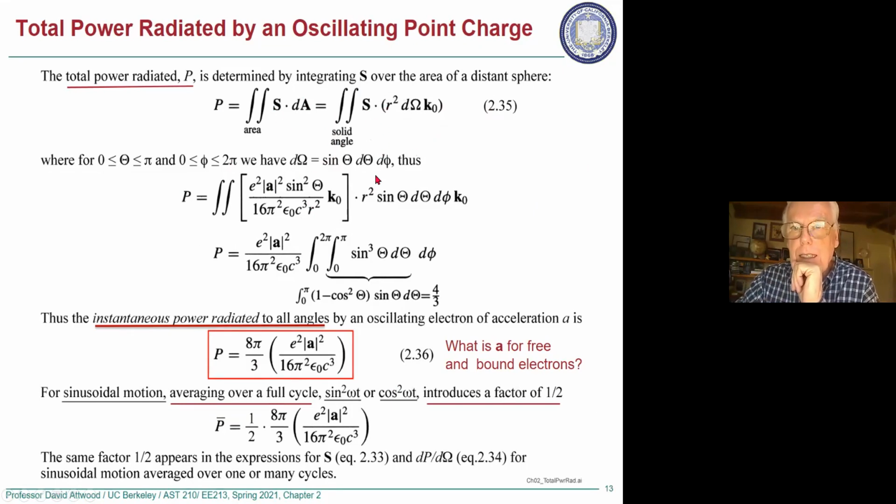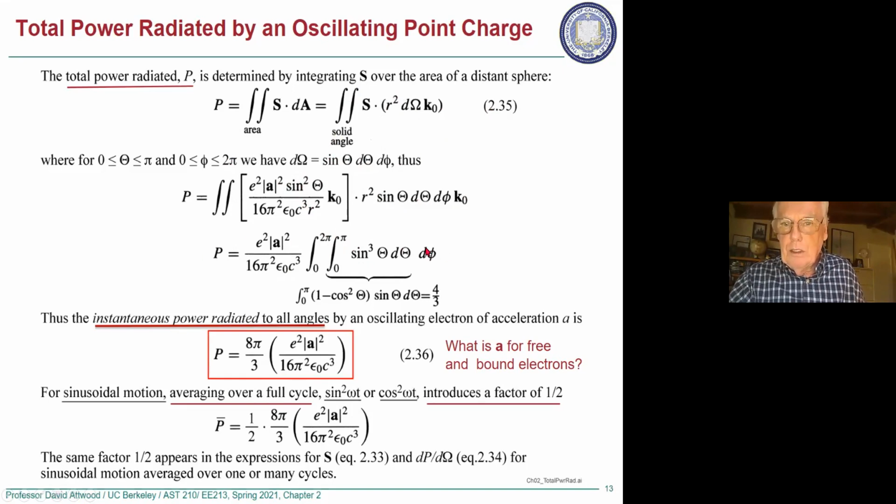But basically, there's some integrations that need to be done here, and the solid angle depends on the sine of the angles, sine theta d theta d phi, which you can recall. But that's in the solid angle, and the power radiated per unit angle also had that dipole sine squared. So there's a sine cubed here, okay?